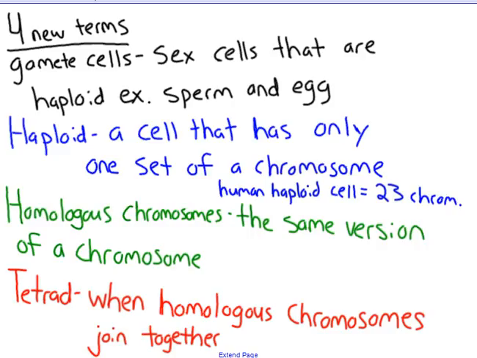So you have running shoes, you got a left running shoe from mom, a left running shoe from dad, and you could keep on going with this analogy. But it's the same chromosome, it's the same version of the chromosome, it just might have different DNA on it. And then finally, a tetrad, here at the bottom, is when homologous chromosomes, so the shoes, join together.